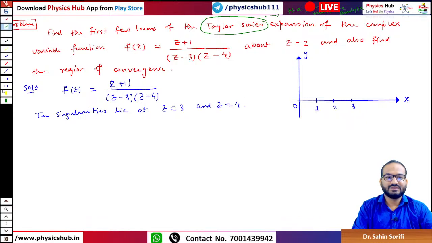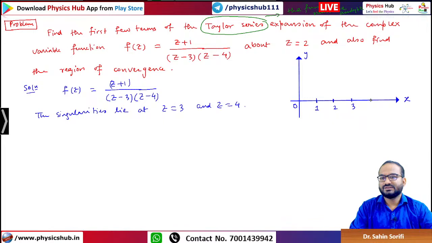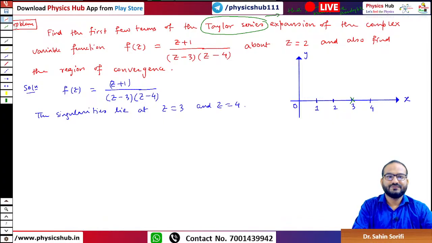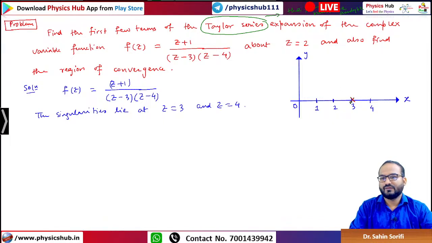So at z equals 3 and z equals 4, the function is not analytic, so we cannot expand the function there. Z equals 3, z equals 4, these are singularities.